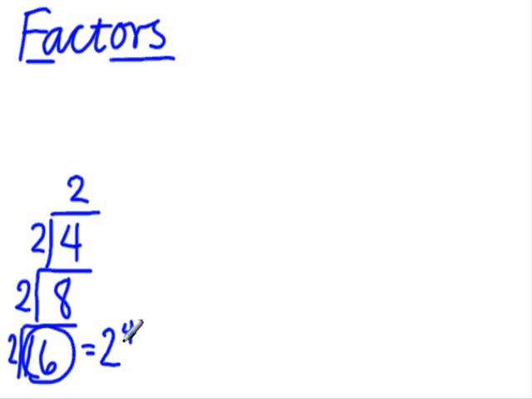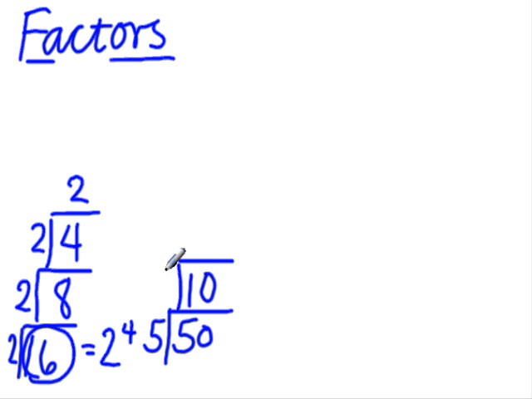Let's look at another one, 50. What goes into 50? Well, 5 will go into 50. 5 goes into 50 10 times. 10 is divisible by 5 again, and 5 goes into 10 twice, and 2 is a prime number.